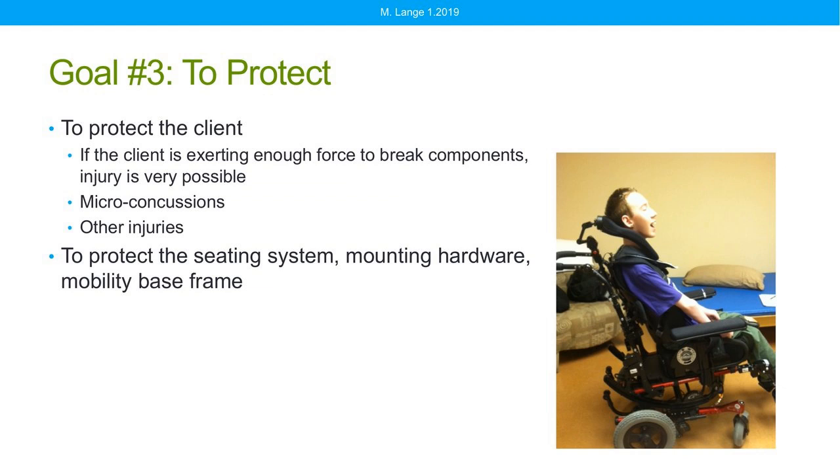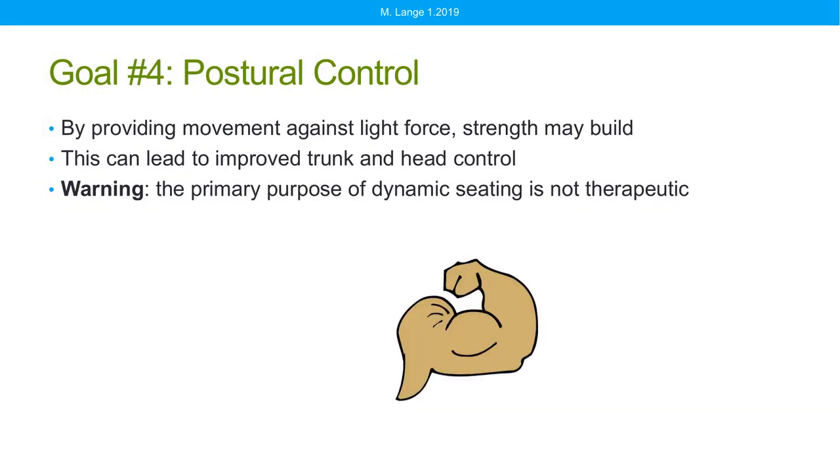That could be some period of time. That might mean that he's in bed. A lot of consequences for him to stay in bed. He may not be able to go to school or other activities. And someone like me has to keep writing letters of medical necessity and hoping that the funding source will continue to replace components on his chair.